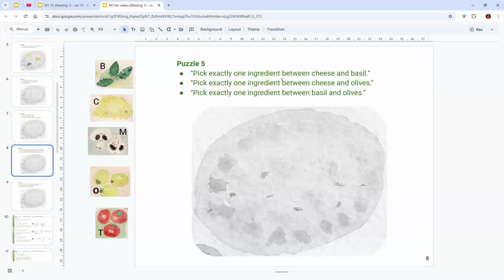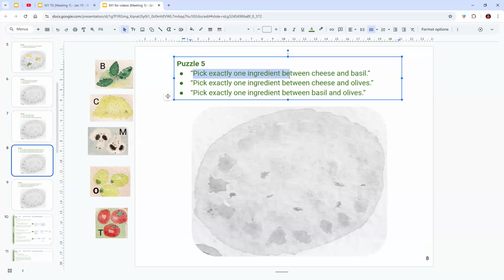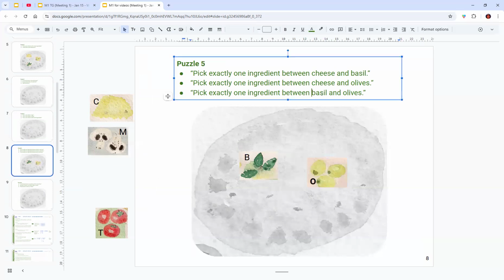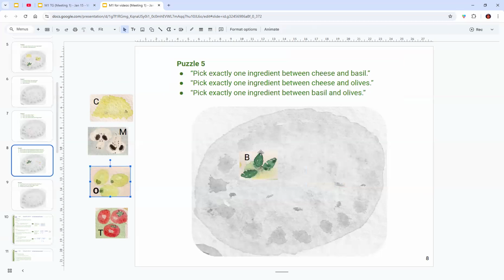Puzzle 5, let's take a look at this. This is a pretty cool one because you're just picking exactly one ingredient for each clue. So between cheese and basil, just one. Let's say we pick basil. Between cheese and olives, pick one. Let's say we pick olives. And then it's like, oops, between basil and olives, pick one. So we just lose. Did we make a mistake?